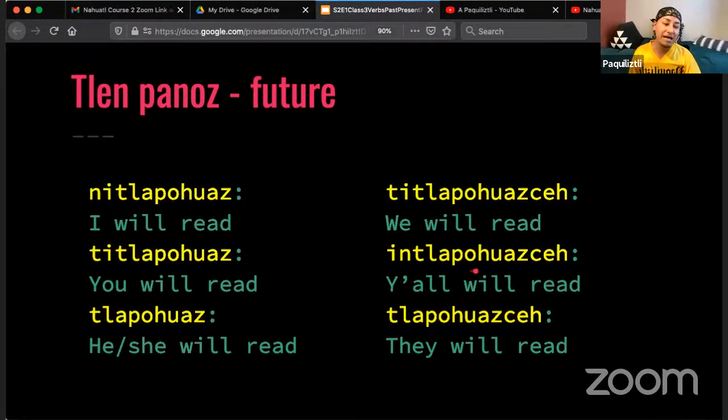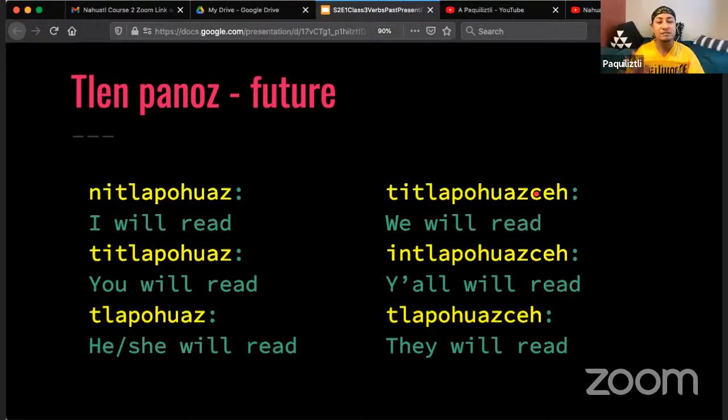And intlapohuase, and tlapohuase. You might be thinking, why is there a Z and a C together? And the reason that they have this weird way of writing it is because other varieties of Nahuatl don't say tlapohuase, they say titlapohuasque. And so this kind of looks a lot more like that ske, and because of that, they write it this way.